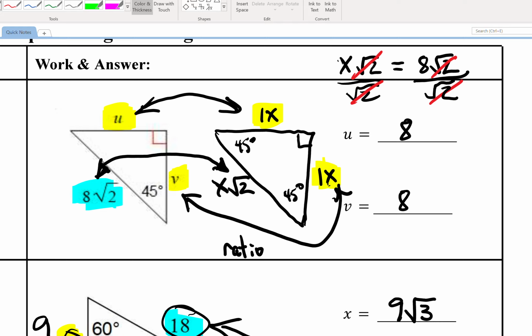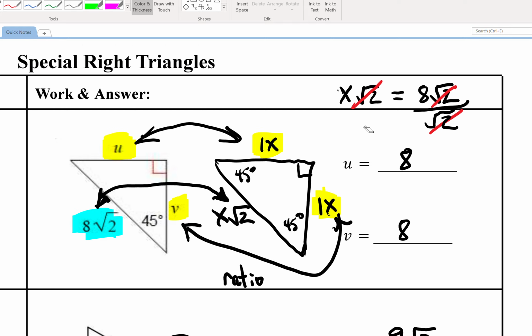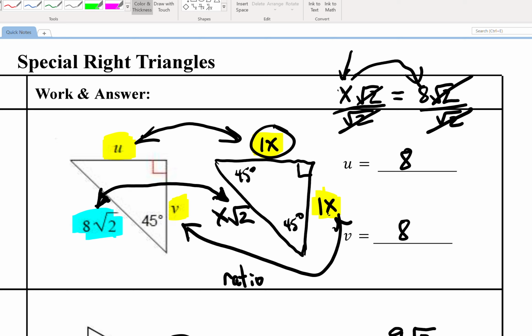Entonces yo puedo decir, oye, si tengo x raíz cuadrada de 2 es igual a 8 raíz cuadrada de 2, quiero despejar la x, divido entre raíz cuadrada de 2. Entonces se elimina, x entonces es igual a 8. Y puesto que x es igual a 8 y este x y ese x son iguales, y es igual a x, 8, y b también es igual a 8.